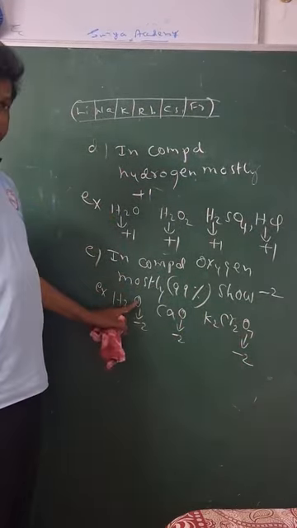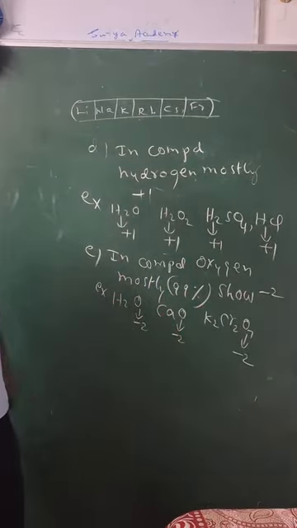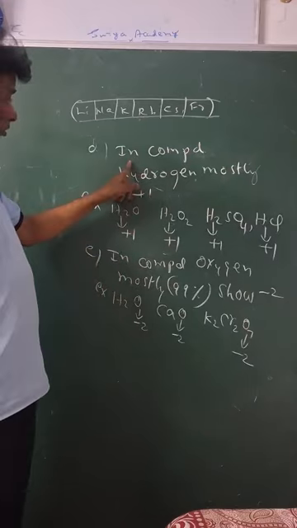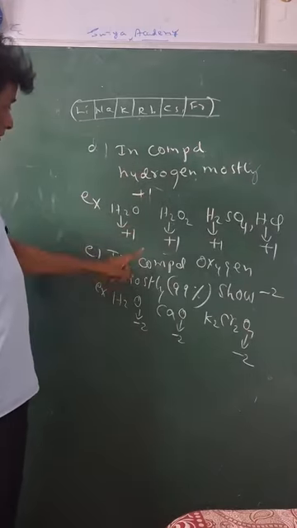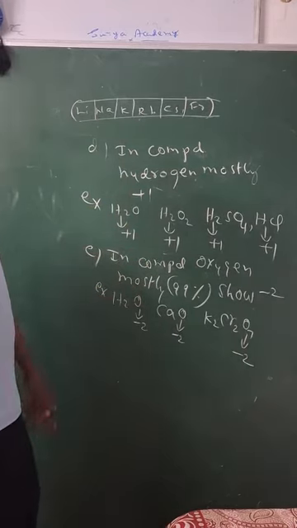H2O, oxygen minus 2, calcium oxide minus 2, potassium dichromate K2Cr2O7, minus 2. These you have to keep in mind. Hydrogen plus 1, oxygen minus 2, chlorine minus 1.